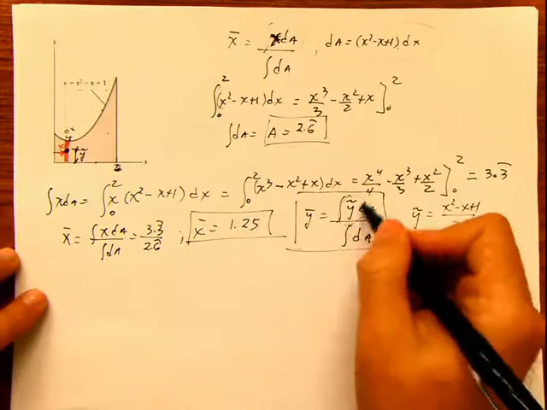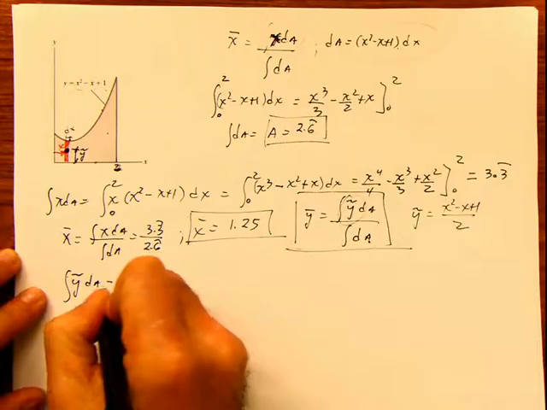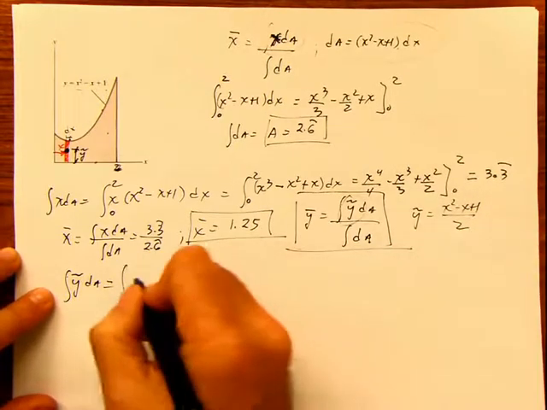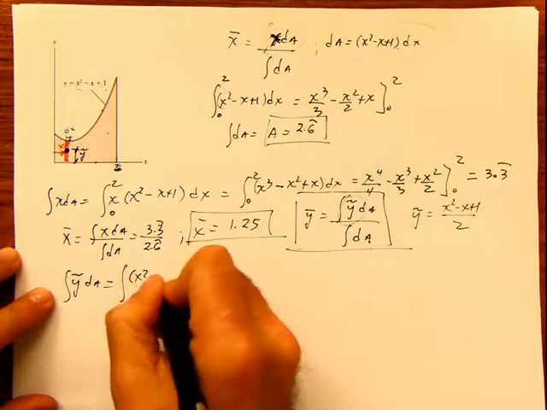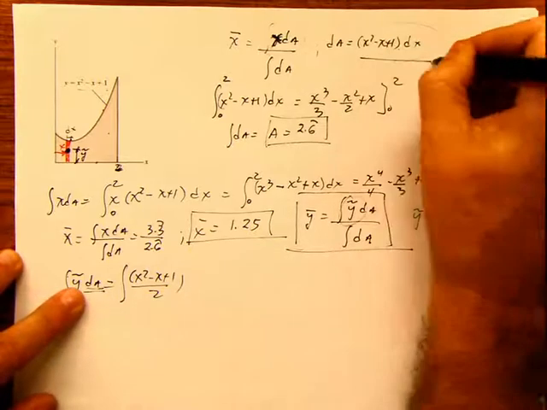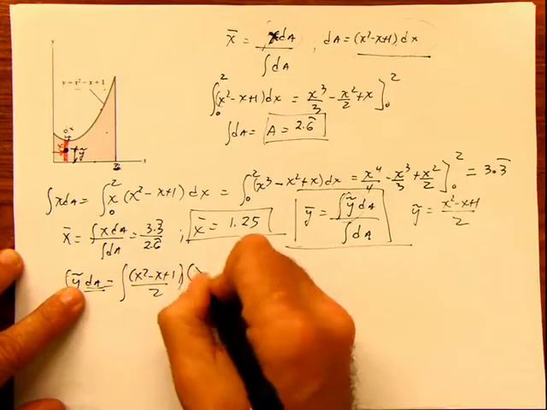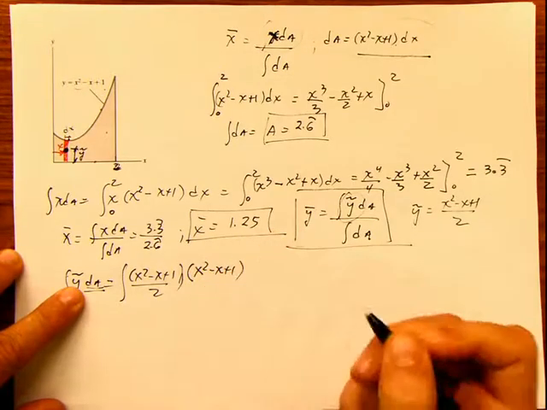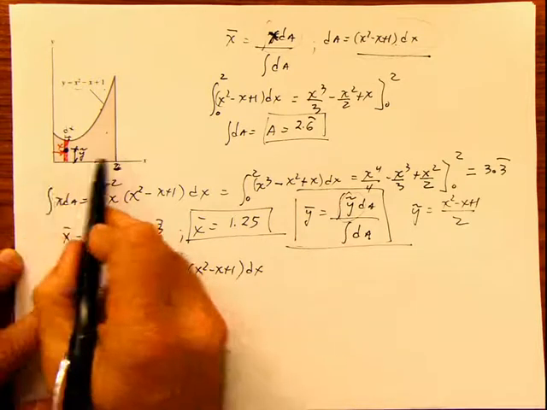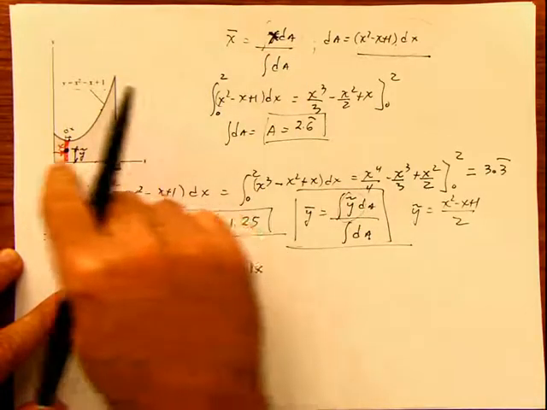I'm just going to solve for this part. So the integral of y dA is going to be the integral of x squared minus x plus 1 divided by 2 times this, which is also x squared minus x plus 1 dx, from the same limits, because once again I'm using the same differential of area, meaning I'm running my shape in this direction.